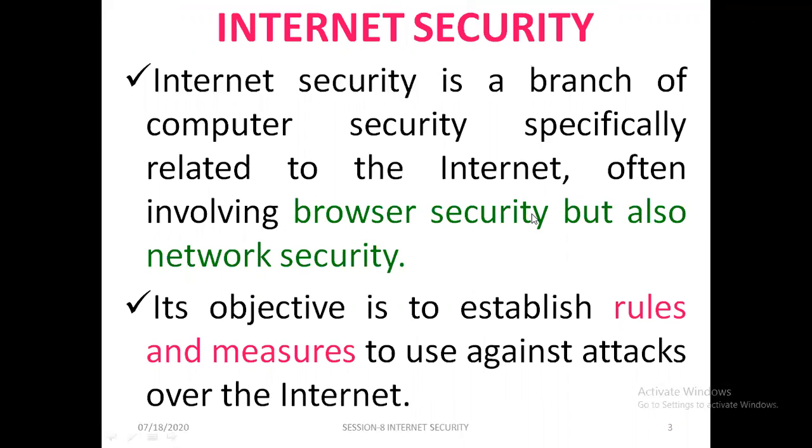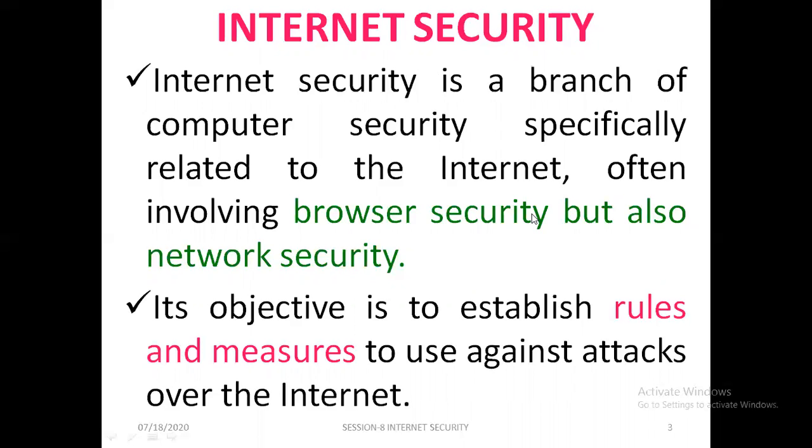So what is meant by internet security? It is a branch of computer security specifically related to the internet, and often it involves browser security and also network security. Both browser security and network security together make up internet security. The objective of internet security is to make rules and measures to use against attacks. What kind of attacks will we have over the internet?